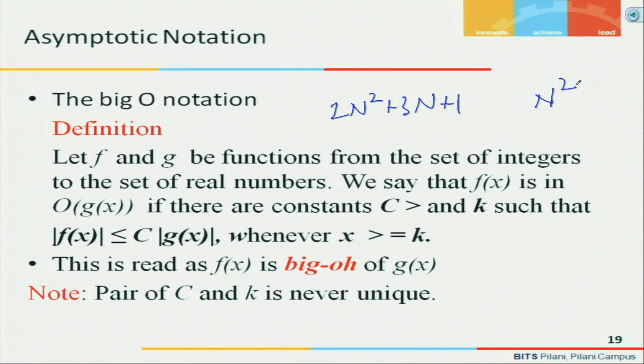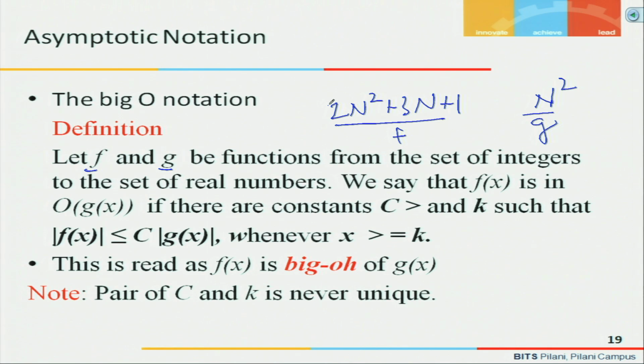If I call this function f and this g, then f and g are functions from the set of integers to the set of real numbers. Here the domain is natural numbers and the range is natural numbers, but more complex functions can be real numbers, if fractions, decimals or roots are involved. So, the definition is in general.